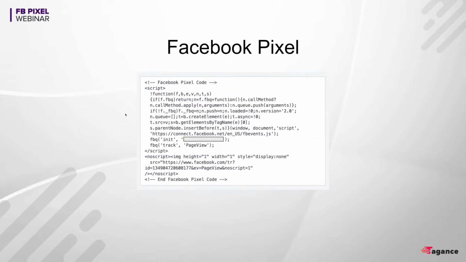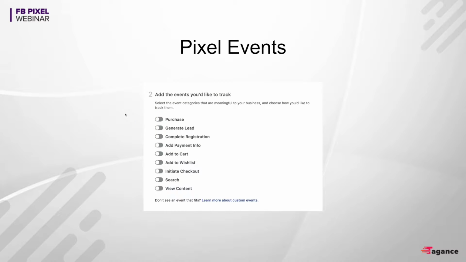So this is the pixel, and now we're gonna see the events that you can add to your web pages, again for better performance and understanding of your traffic and your users' behaviors. As you can see, we have all kinds of events that you can use, like purchase, generate lead, complete registration, add payment info. It's mostly for e-commerce businesses.